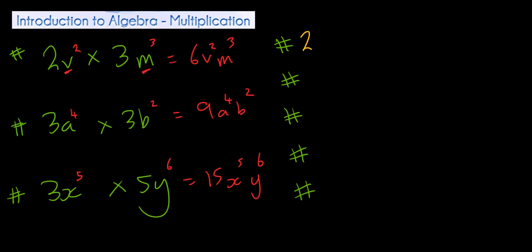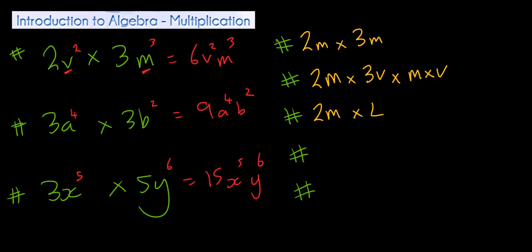So let's do 2m multiplied by 3m. Let's do 2m multiplied by 3v multiplied by m multiplied by v. Let's do 2m times 4m squared.